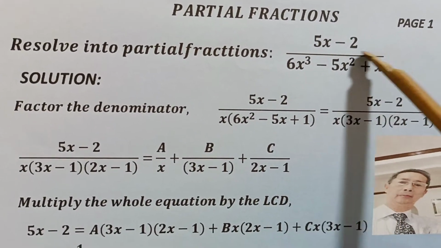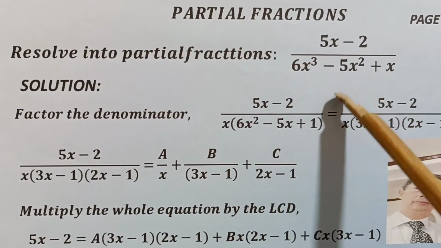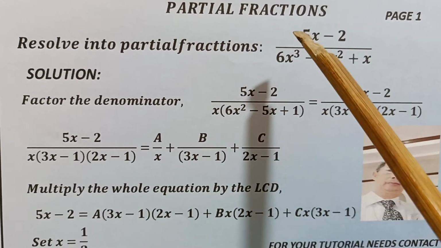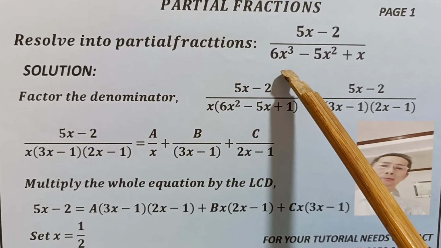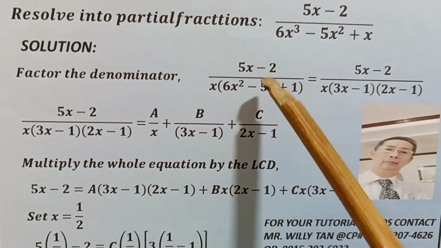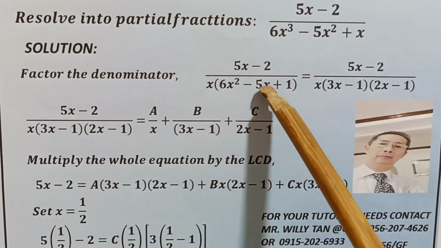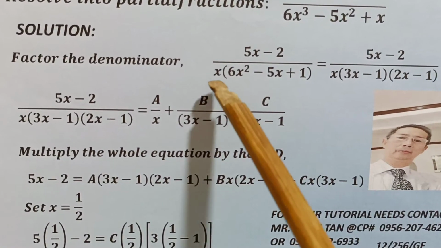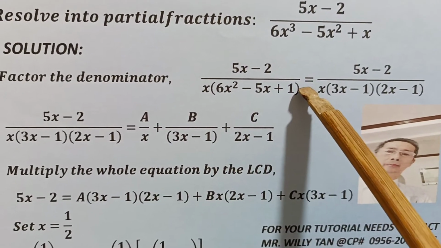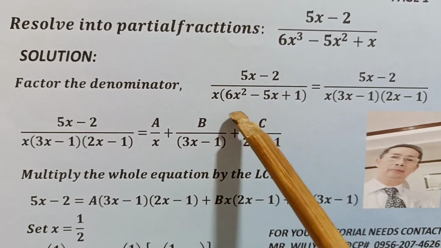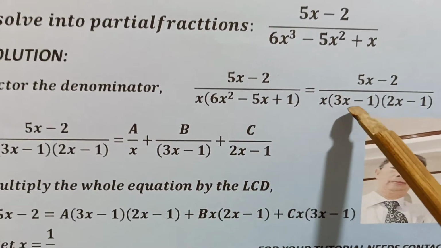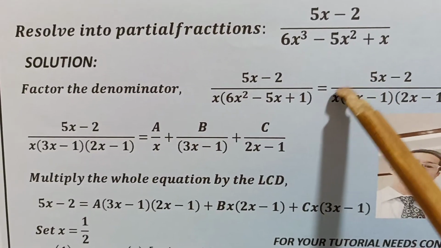Since this is cubic, we can factor this by factoring out x, so 5x minus 2, and then after factoring out x, we get 6x squared minus 5x plus 1. And then we still factor this 6x squared minus 5x plus 1 into 3x minus 1 and 2x minus 1.